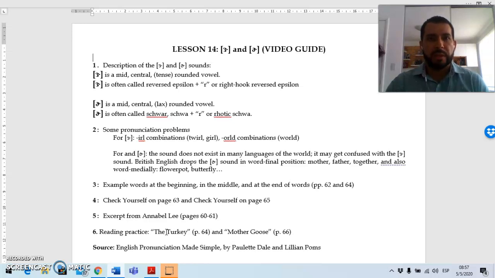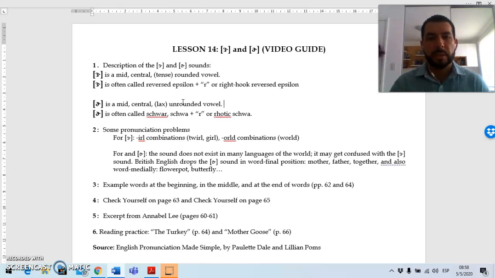The other sound is a mid-central vowel. You can see it here. This one, which they also call a schwa R. It's a mid-central lax unrounded vowel. Sorry, here's a mistake. It's an unrounded vowel. It's unrounded because you don't round your lips, and so that's the sound that you produce when you say words such as mother.